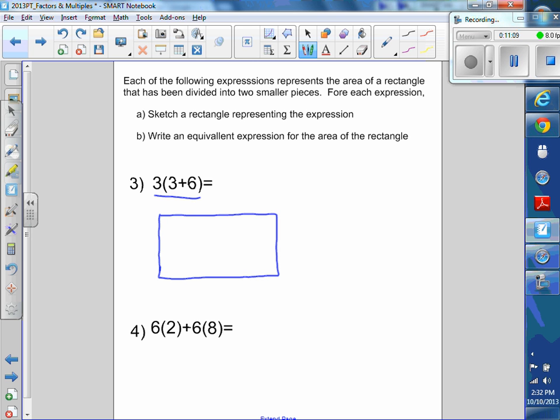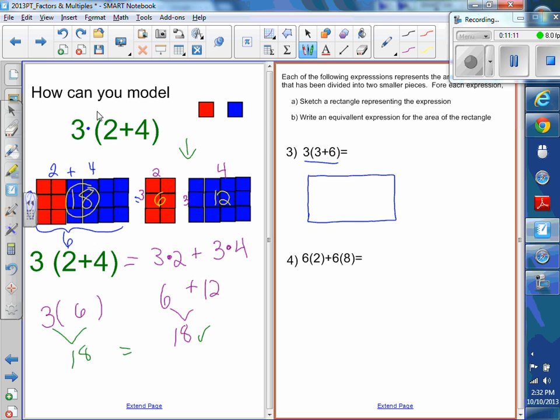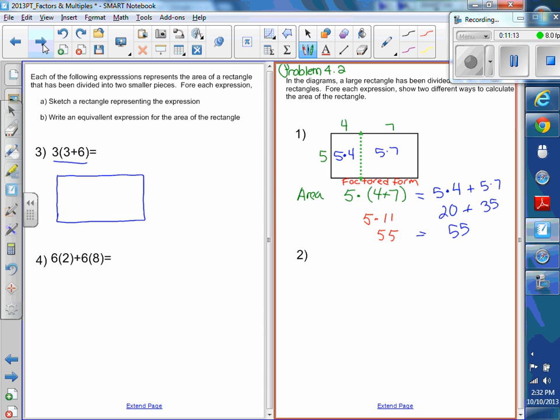So it's the big rectangle, because if you look at the other side of the page, it's not the factored form, it's what we call the expanded form, where it's got no parentheses. See, the expanded form has 2 parts? So you're supposed to take that factored form and draw a picture of it.